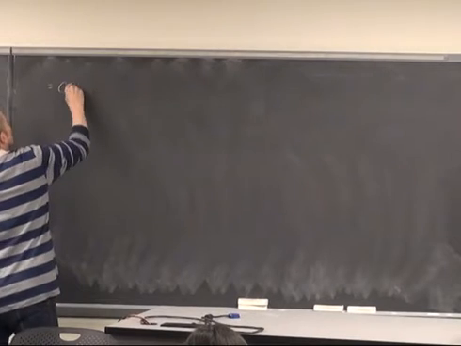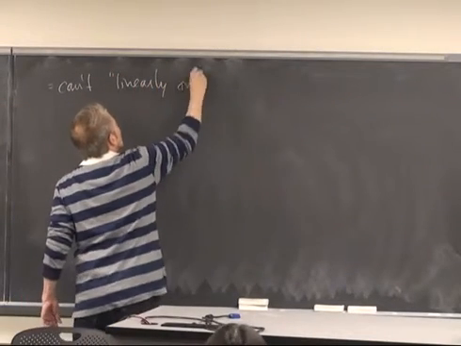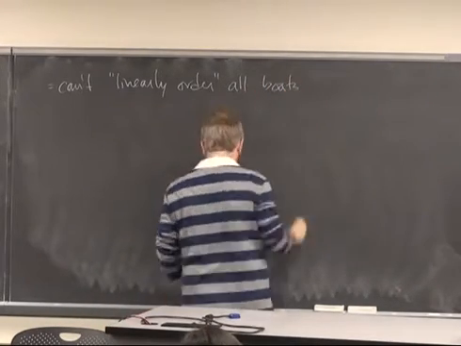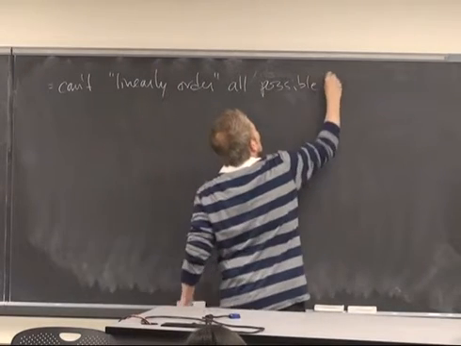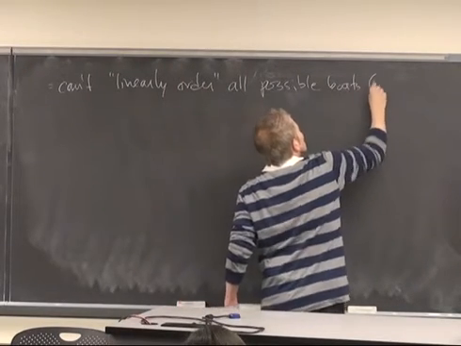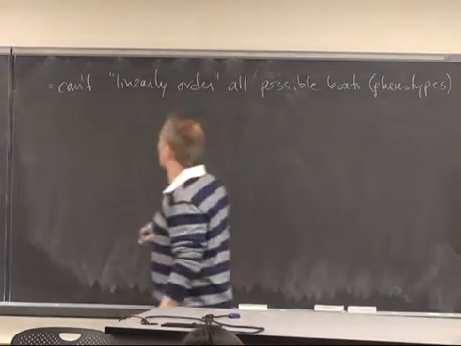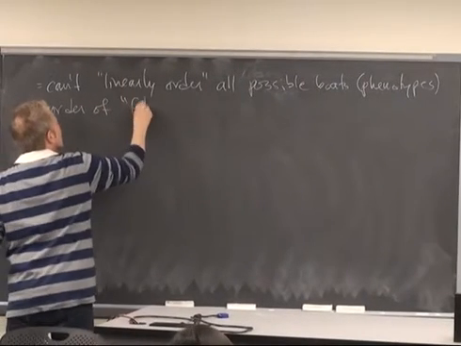So you can't sort of, quote-unquote, linearly order all the possible boats, that is to say phenotypes, in order of, quote-unquote, fitness of some kind.